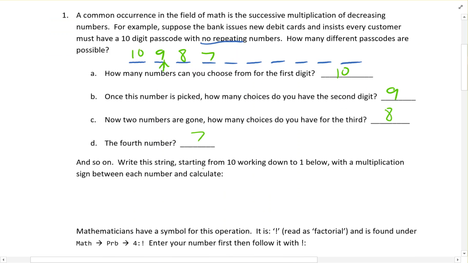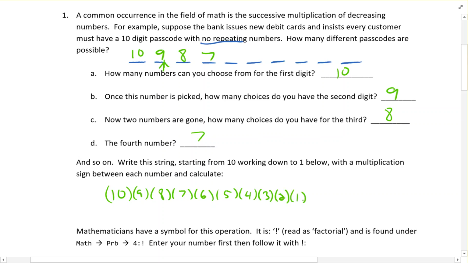So write this string starting from 10, work down to 1 below with a multiplication sign between each number and calculate. So what we really have here is 10 times 9 times 8 times 7 times 6 times 5 times 4 times 3 times 2 times 1.